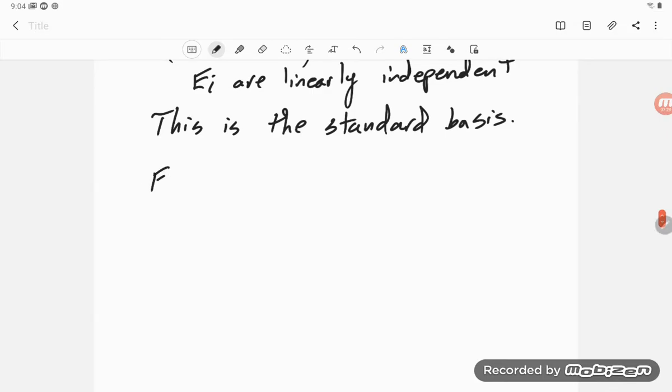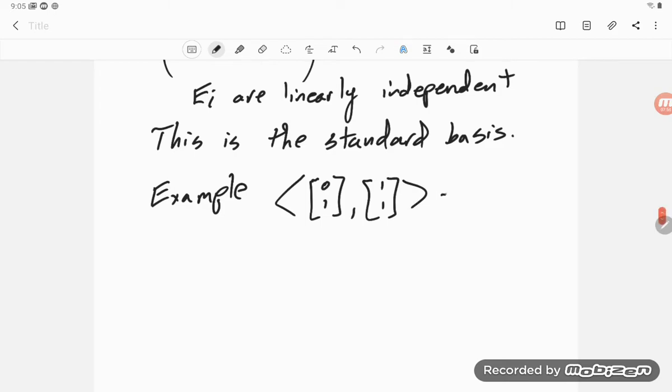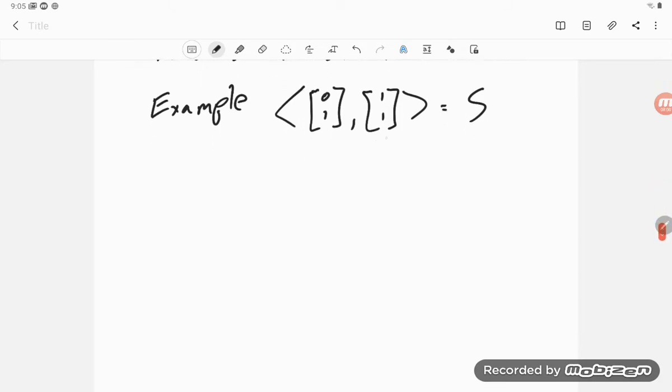So now, another example that's not standard would be something like this set here, 0, 1, and 1, 1. I was going to write 1, 0, but that'll work. Okay, we take that as our S, and in that case, these vectors do span all of S, and they're linearly independent.